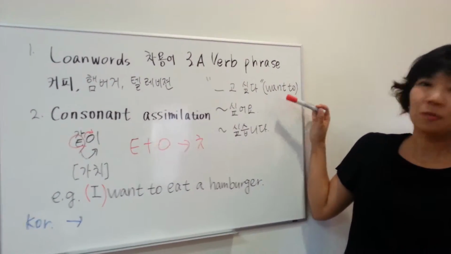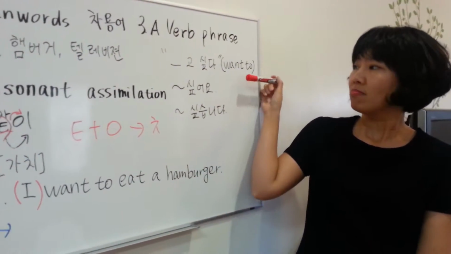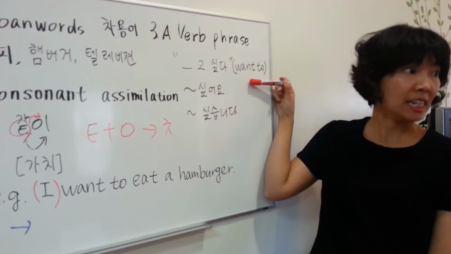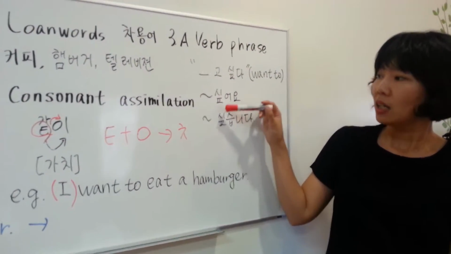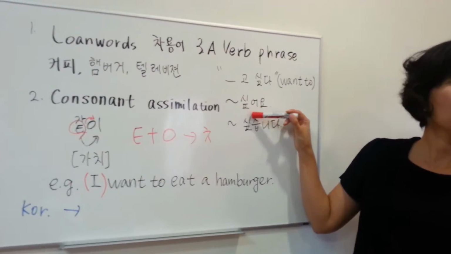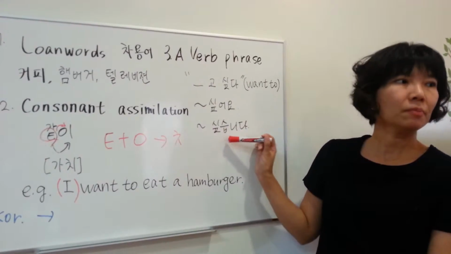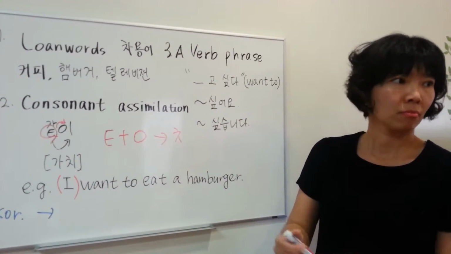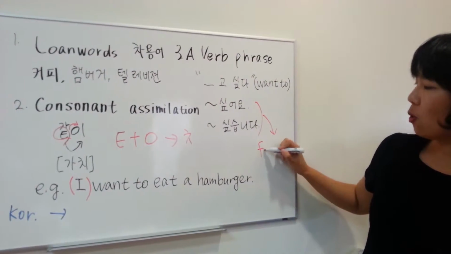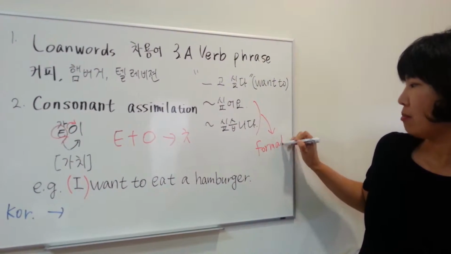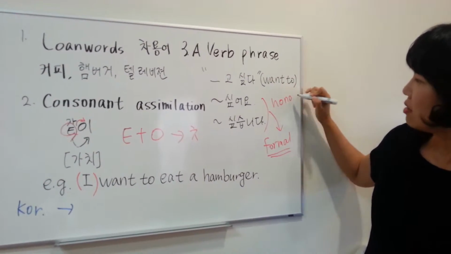So for example, 고 싶다 is the original verb phrase, but Korean people would say 뭐뭐 하고 싶어요 or 싶습니다. Those two forms are more formal. And this is called honorific.